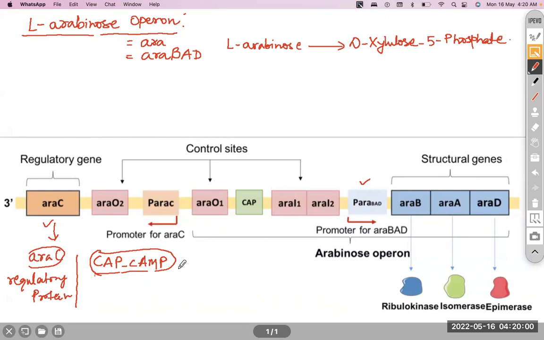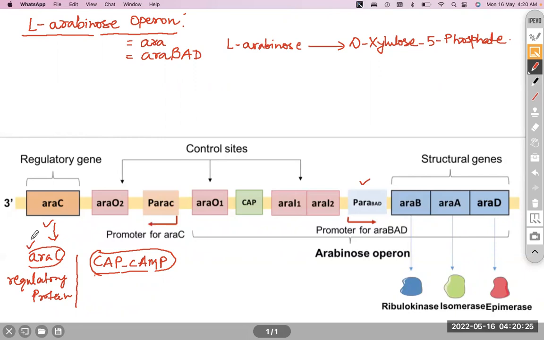If arabinose is missing in the medium, then this cyclic AMP CAP complex, RAC, is down regulating the expression of structural genes. So RAC ka role is important, very important in this operon.